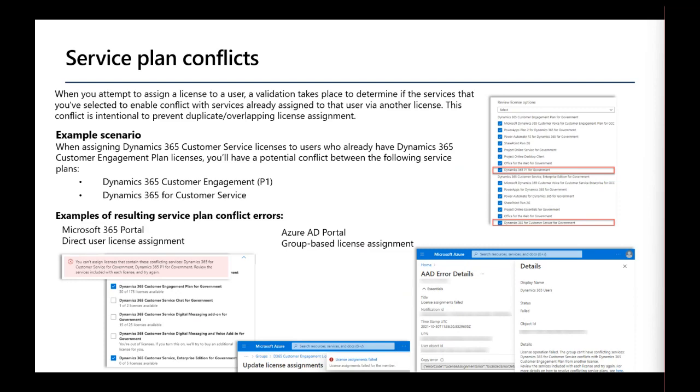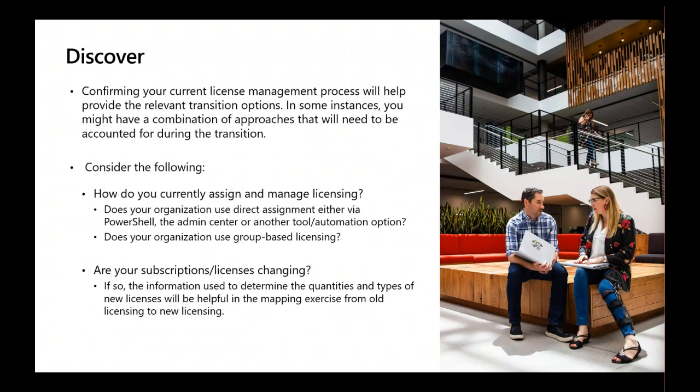So let's talk a little bit about transition planning, how you can help customers plan for transitioning their licenses. The first step you want to take is to review the current license management process that's in place today. And you want to take into consideration the following: how you're currently assigning licenses, whether that is direct user assignment in the Microsoft 365 Admin Center or through PowerShell, or whether it's group-based licensing assignment, or you may have a combination of both.